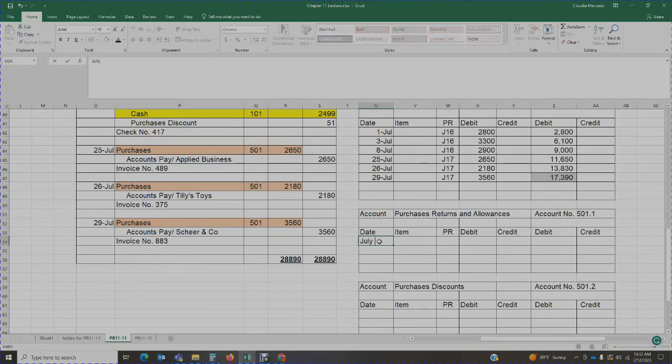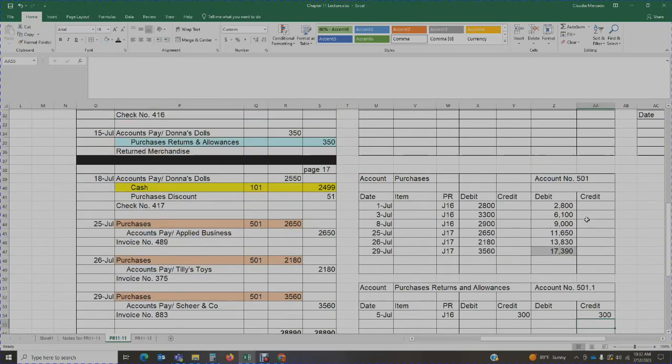So we have July the 5th, and we are getting this from Journal 16, and we have a credit of $300, so I'm going to have a credit balance. Remember, purchases, returns, and allowances is a contra purchases account, and it has a normal balance of a credit. And this is account number 501.1.